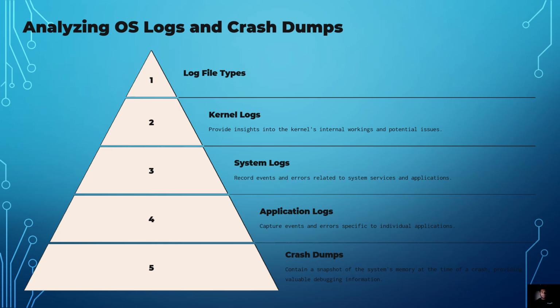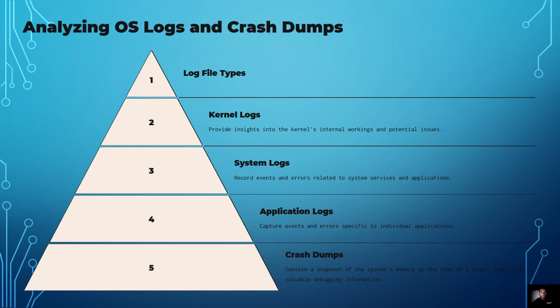Analyzing OS logs and crash dumps. There are basically four types of OS logs and crash dumps, which are kernel logs, system logs, application logs, and crash dumps. Kernel logs provide insights into the kernel's internal workings and potential issues.